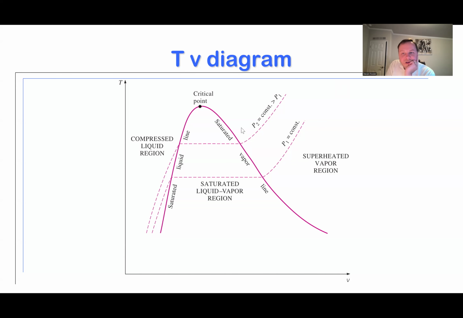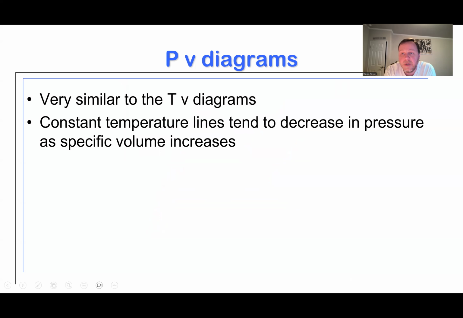Okay, this is a TV diagram, temperature versus volume diagram. Now we can also have what we call a pressure versus volume diagram, PV diagram. Very similar to the temperature versus volume diagrams. The only real difference, of course, is that you're going to plot now lines of constant temperature.